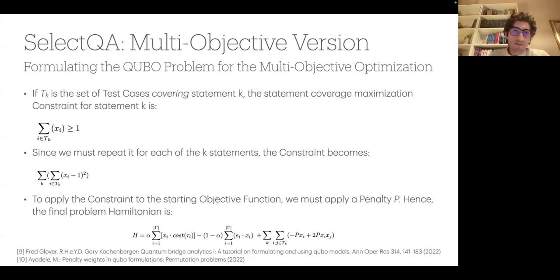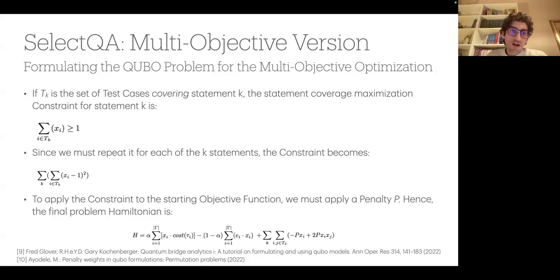But since we have to apply this constraint to all the statements, and since we want to bring it up into the initial objective function to obtain an extended final function with all three objectives, and since these should be minimized because the objective function is a function that we want to minimize, we translated that constraint into the second expression that we see here.